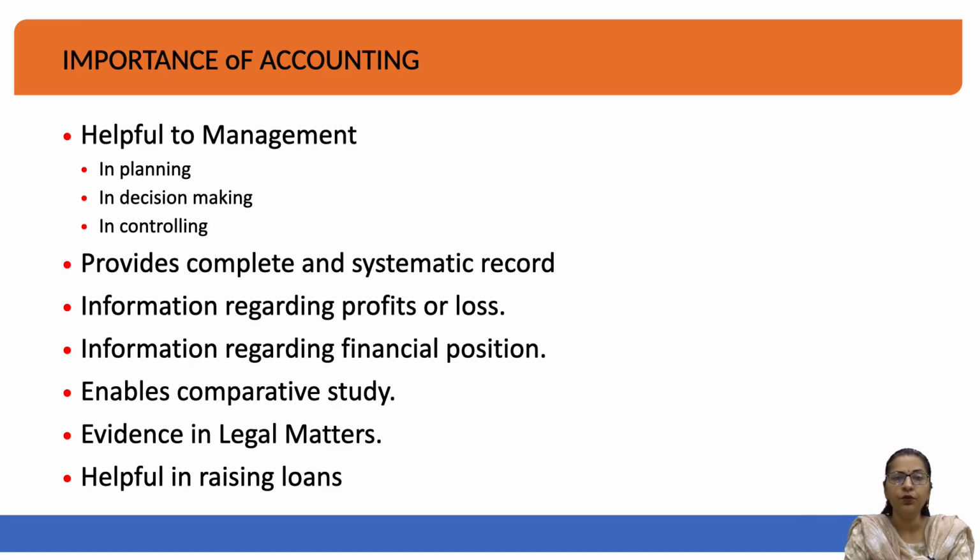Moving on to the next step, what is the other point of importance of accounting? It will help you to compare the different results. For example, if we talk about what has happened to a particular company over the last 5 years, where will that information come from? That information will come from the accounting data itself.